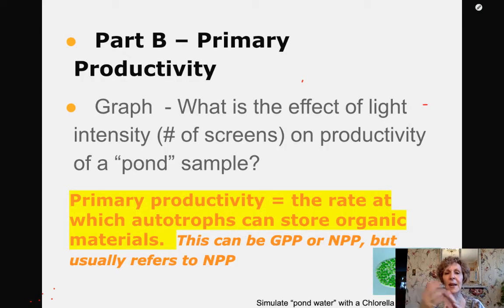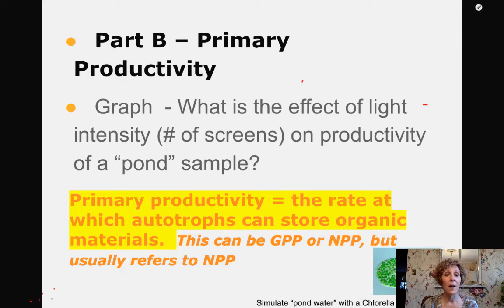In part B, the first day we're going to set up our experiment, but then the next day we're going to do more titrations and determine some more dissolved oxygen of our samples. So our question here is, what is the effect of light intensity on the productivity of our pond sample? This time we're going to have some bodies of water that have algae in them that I'm going to grow for you.